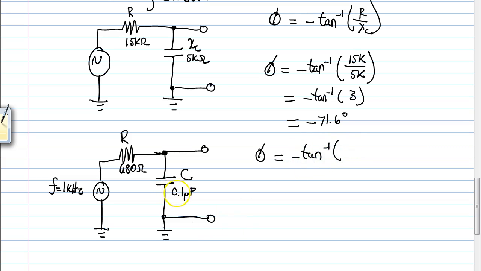First things first, though, you've got to figure out what X of C is. 1 over 2 times pi times 1000 for the frequency times 0.0000001 for the capacitor.